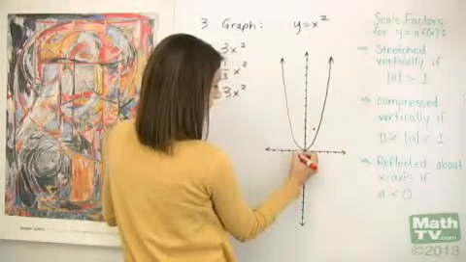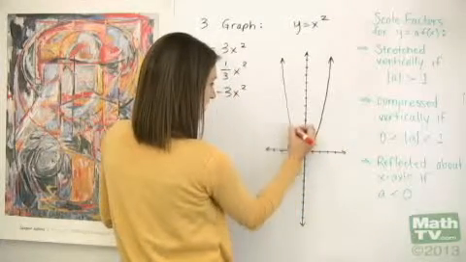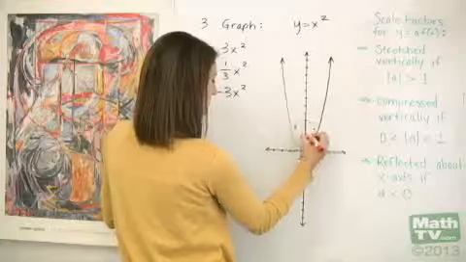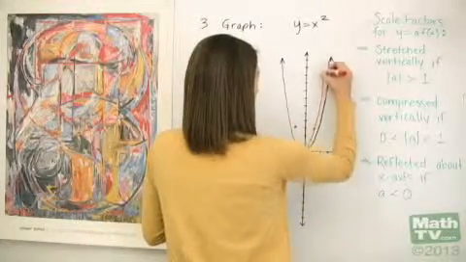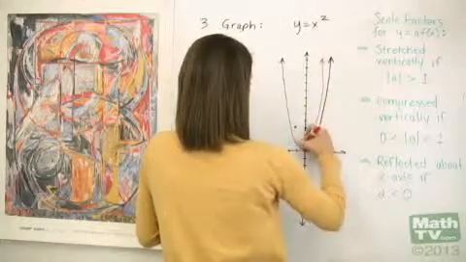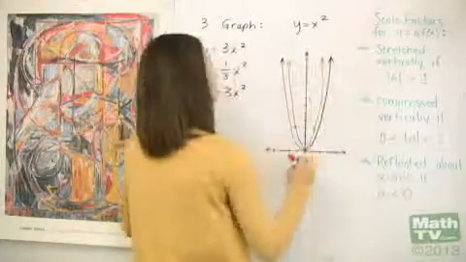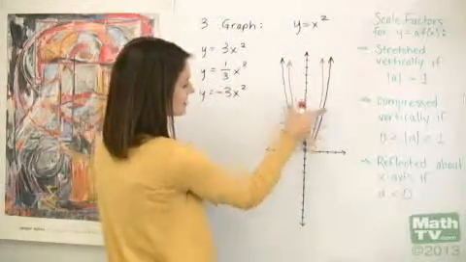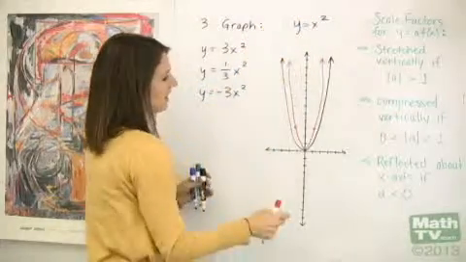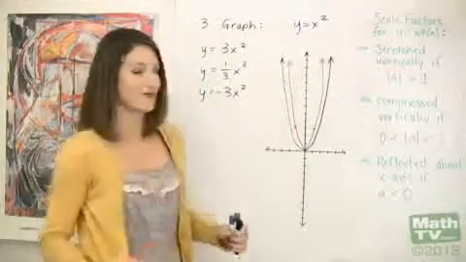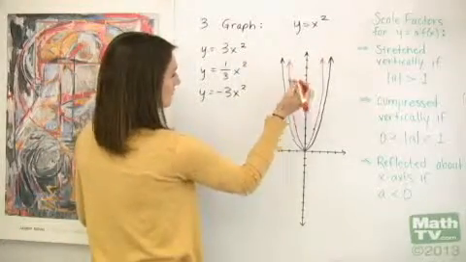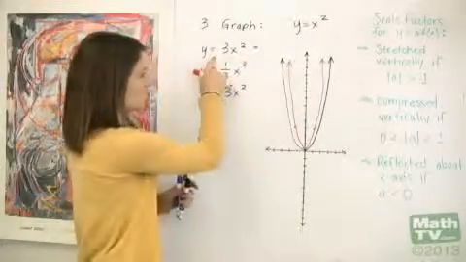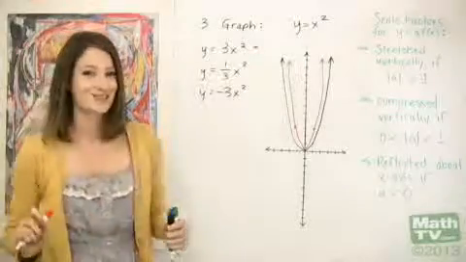The same goes for negative 1 for our x value, which becomes 3 as well. If you were to continue and plot points, you'd get a graph that looks somewhat like this. As you can see, it's stretched vertically compared to our original basic graph of y equals x squared. So the red graph here represents y equals 3x squared.